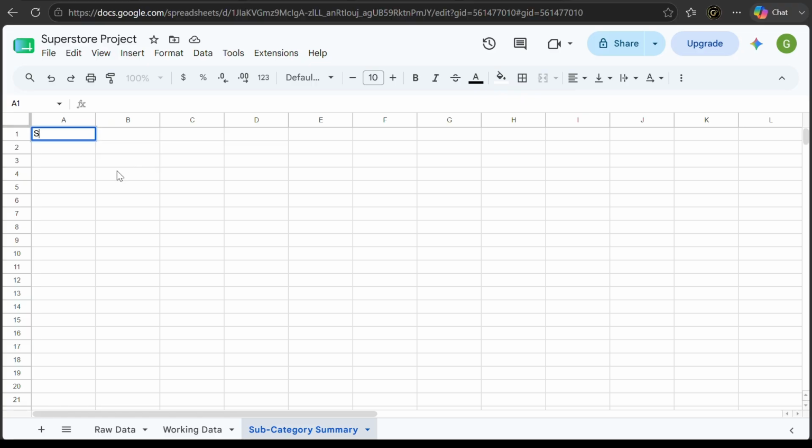Let's create subcategory column. Subcategory, why do I have a capital S with a small u there? Okay, subcategory column, then I'll have my category, and I'll have a total units sold.